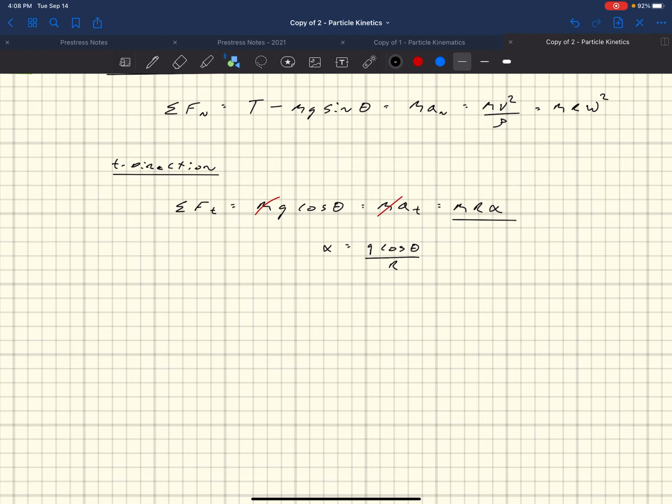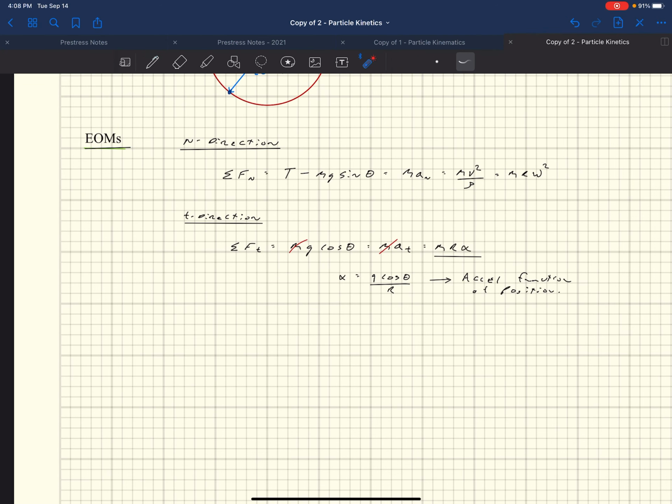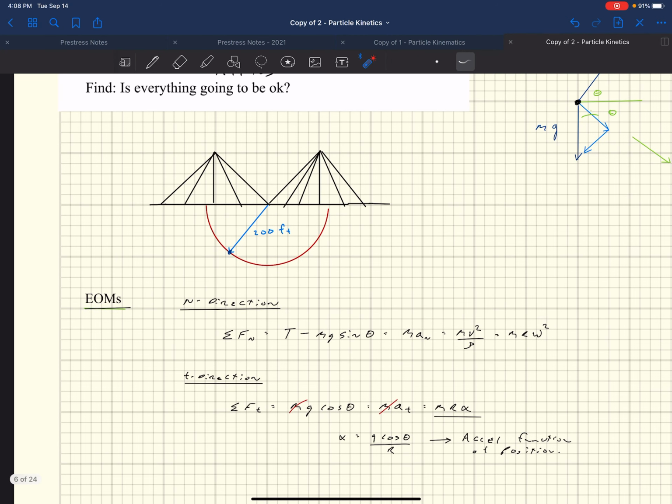And so at this point, you would look back. Again, this is acceleration as a function of position. The point I was trying to make a second ago is that what comes up a lot is, here are these people up at the top, and I want to know what the velocity is down at the bottom.